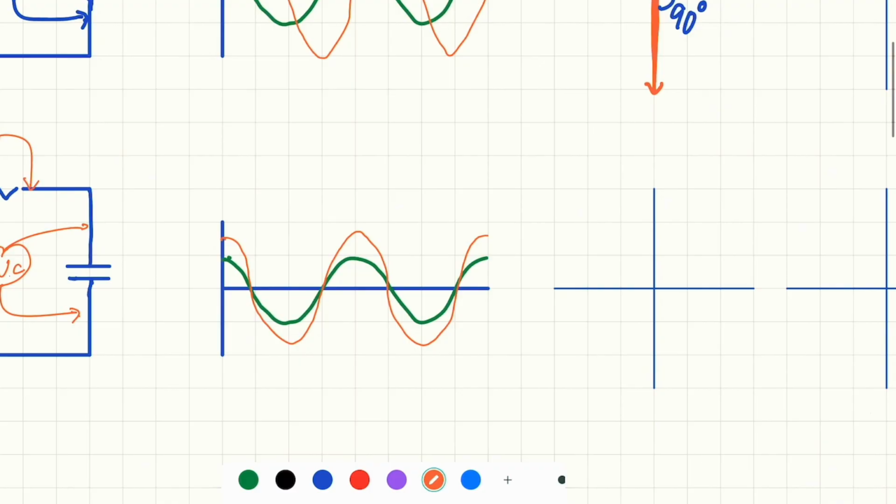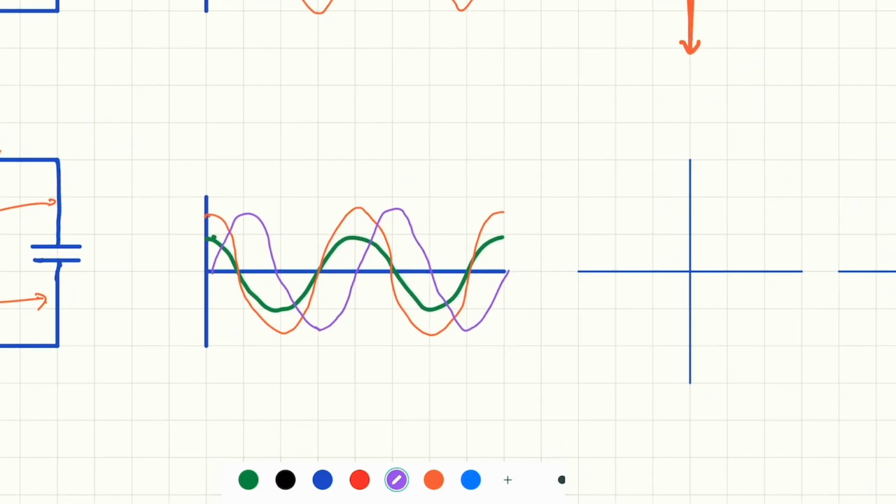So this will be the voltage across the capacitor, which is 90 degrees. Now note the voltage across the capacitor doesn't have to be equal in magnitude, but here I just do it as a convenience.